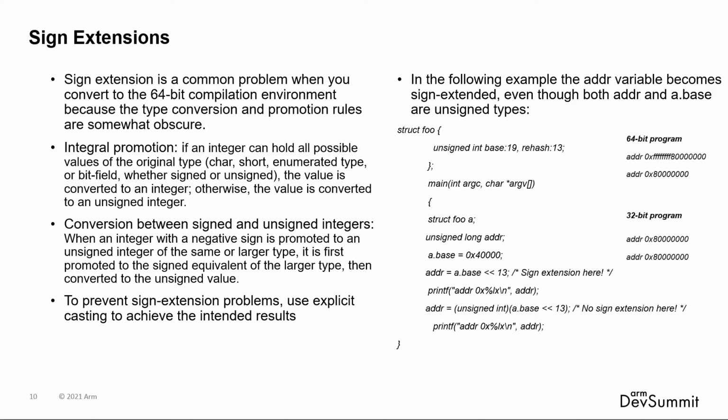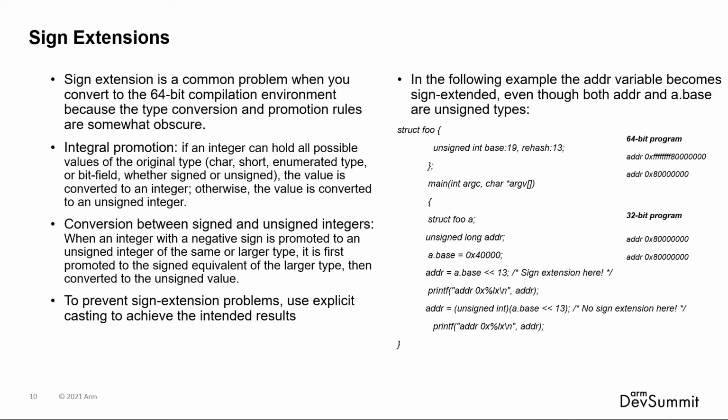Thus, when compiled as a 64-bit program, the result that it prints out first as the value for ADDR has FFFFs in the upper half of the value, and then 8000 with zeros after it. And then the second time it prints it just as 80000000, which is what you wanted in the first place.